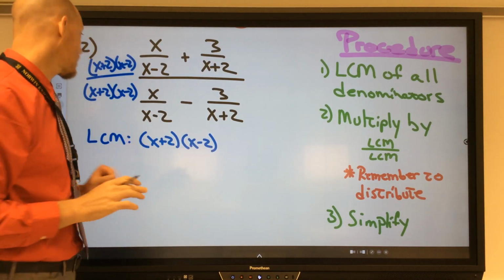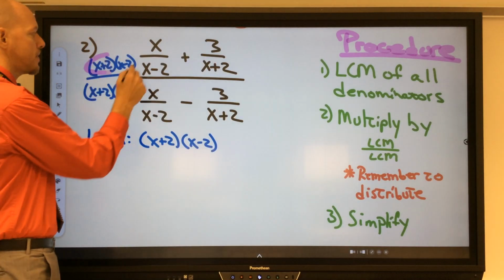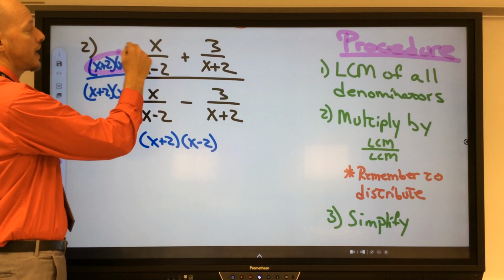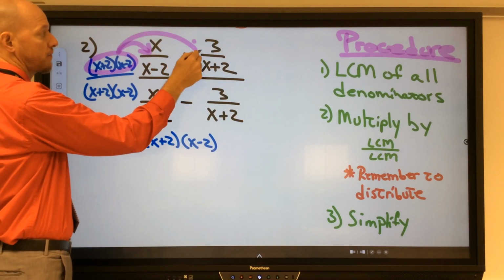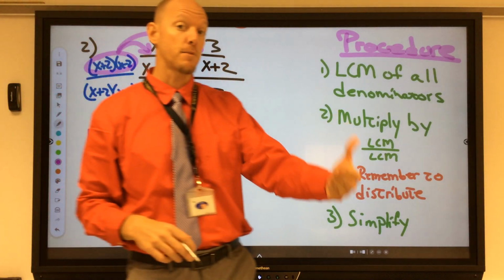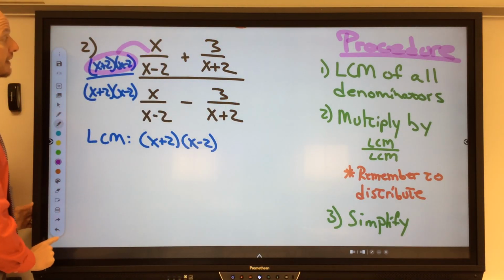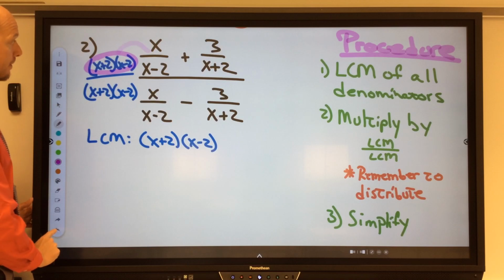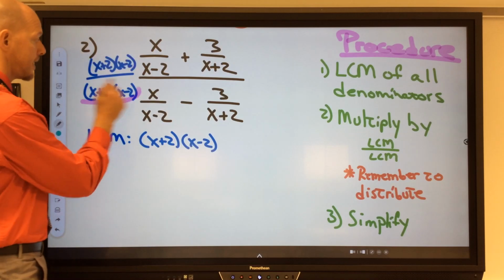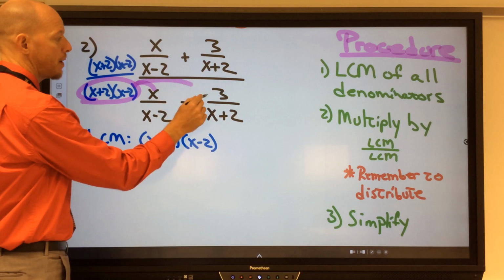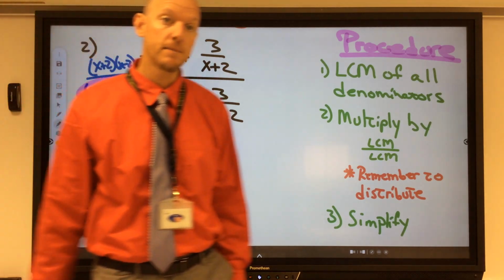What that means is I'm taking this numerator times this fraction and this fraction. That's what I mean by distributing it to both fractions. And then I'm going to do the exact same thing in the denominator, distributing it to both fractions of the denominator.